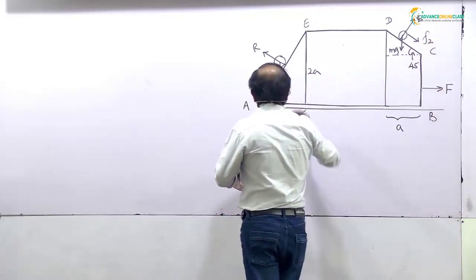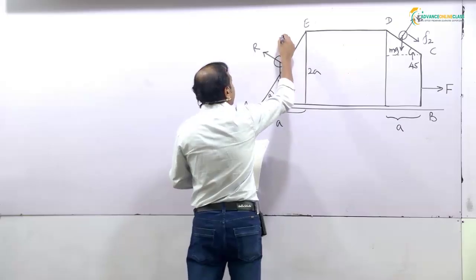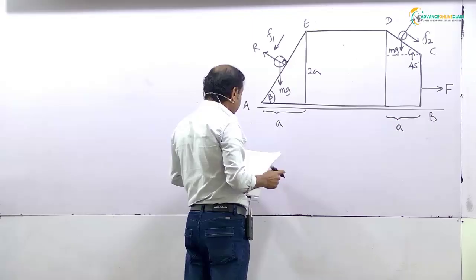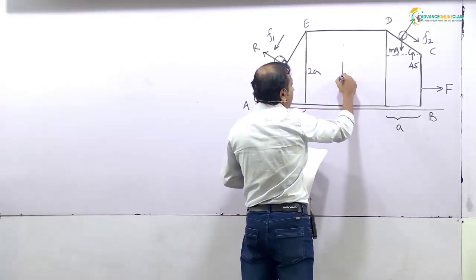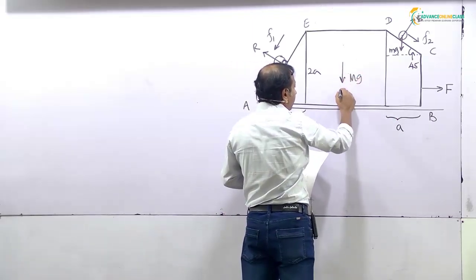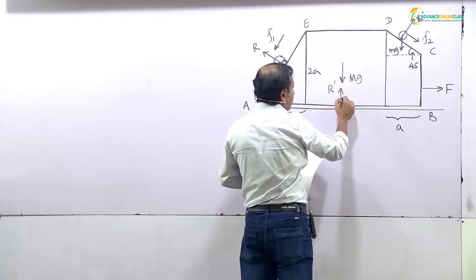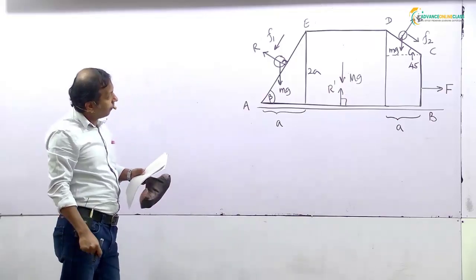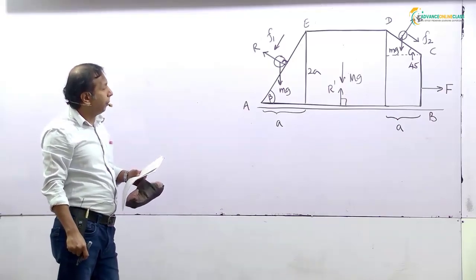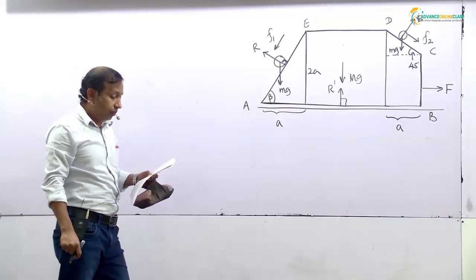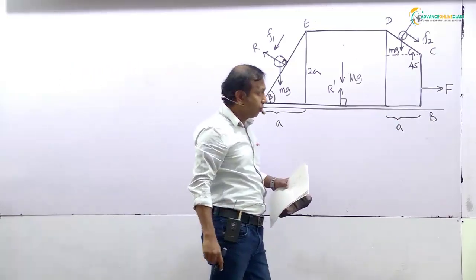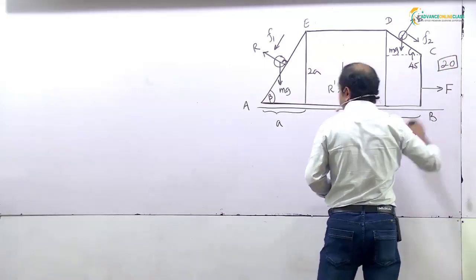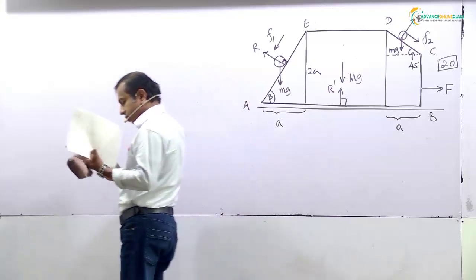This, relative to the wedge, F1. And weight of the wedge capital Mg, normal reaction R dash. When you draw this way, marking all the forces and accelerations, we get some marks for the diagram. Here we get 20 marks for the diagram.